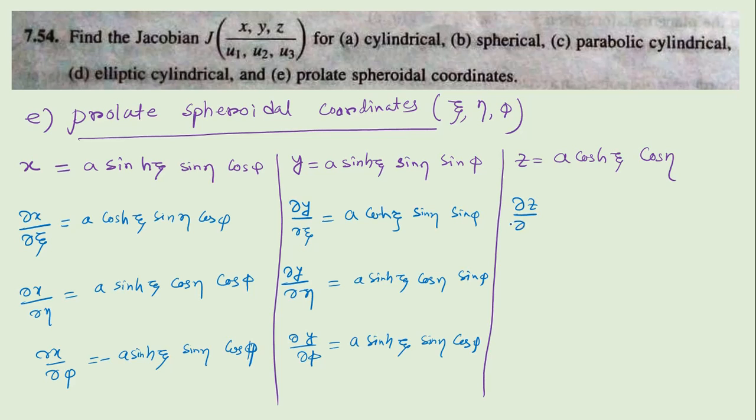Similarly, del z del xi will be a sinh xi cos eta, del z del eta will be minus a cosh xi sin eta, del z del phi will be 0.